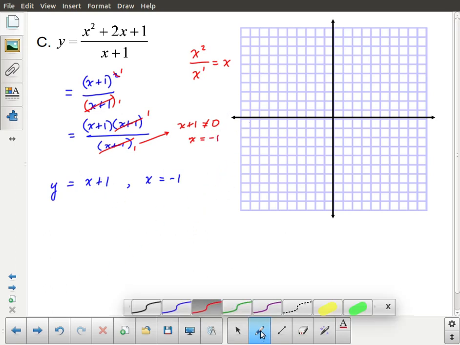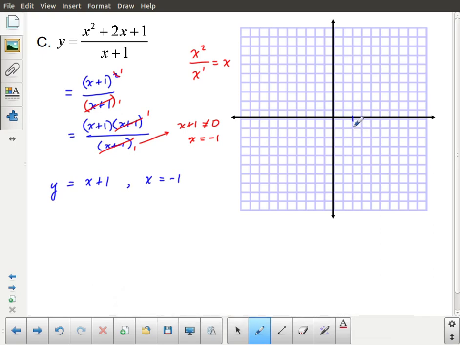So what does the line y equals x plus 1 look like? So that has, I'll go to the larger scale this time. Not for any particularly good reason, just to show you that sometimes there is no better or worse choice for scale.